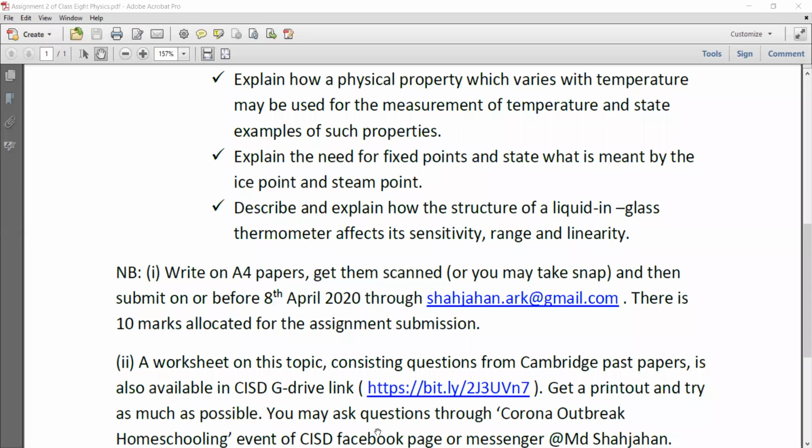Now look, what is called sensitivity? Sir, the screen is stuck, like in assignment one. It is not showing the Google Classroom. It is available there.